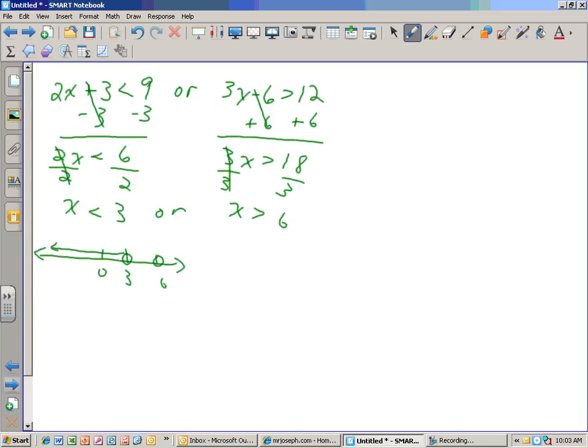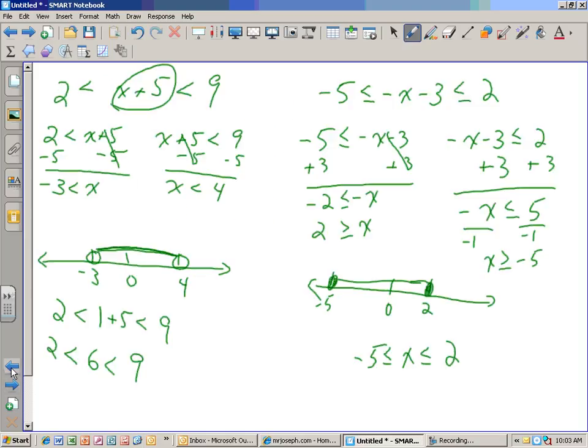I want values that are less than 3 or values greater than 6. And you cannot write that as we did the other one. You can't write that in this form.